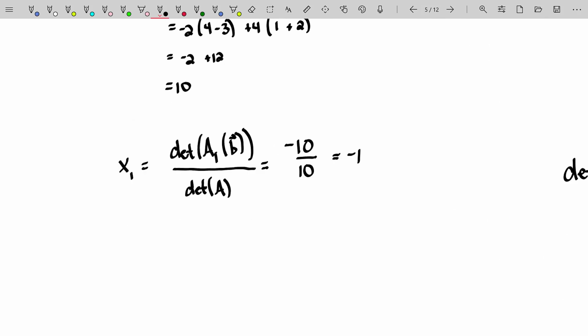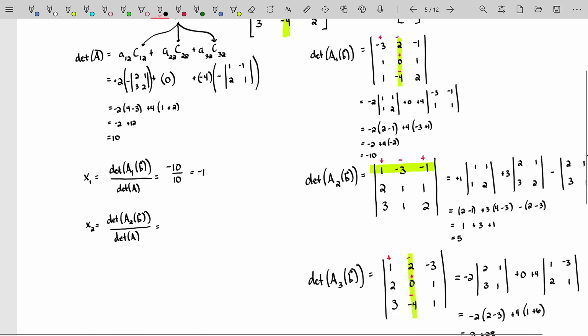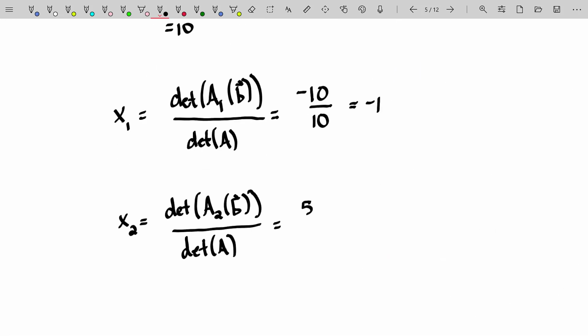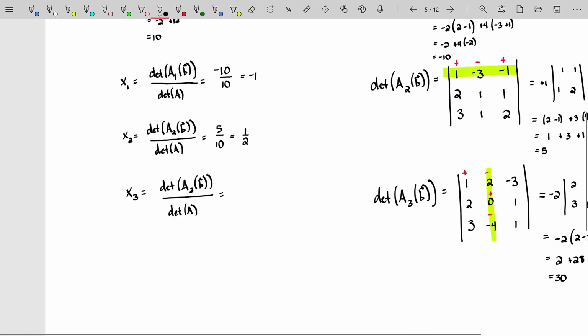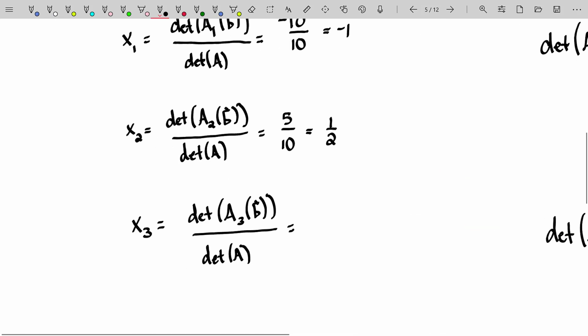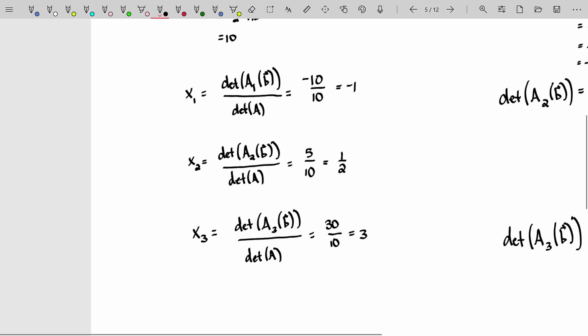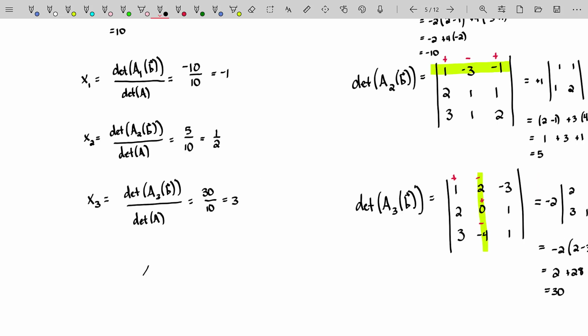Great, we have the first entry in our solution. Now we go for the second entry, A sub 2 of b is 5, and again, determinant of A is 10. And finally, let's take a look at A sub 3 of b, that's 30, divide that by 10, and we get 3. So our solution vector is supposedly -1, 1/2, 3.